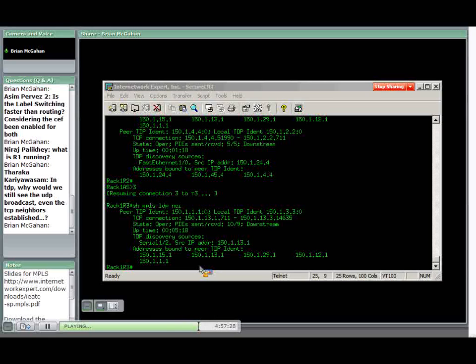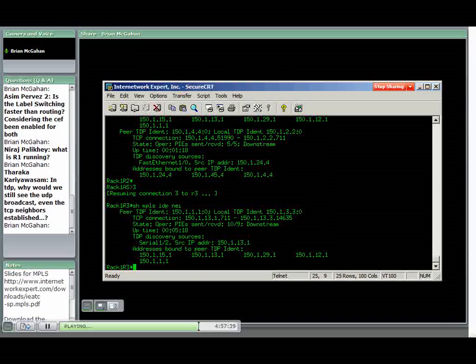Okay, so once we enable it on the interfaces, next thing we're going to take a look at is to make sure that we have all of the adjacencies. So we'll say show MPLS LDP neighbors. We can see we have the adjacency with router 5. We can also look at the show MPLS LDP interface, or show MPLS interface. So we can see on gigabit 0/0 we have TDP running.